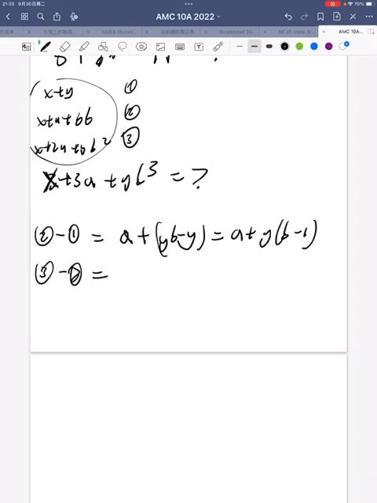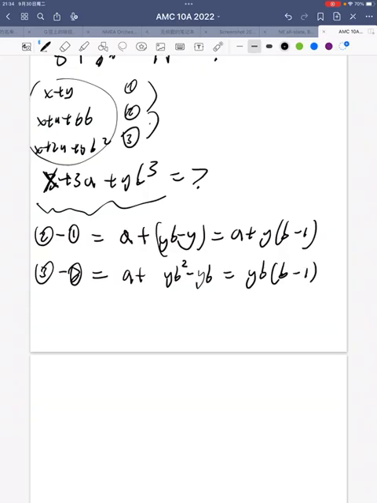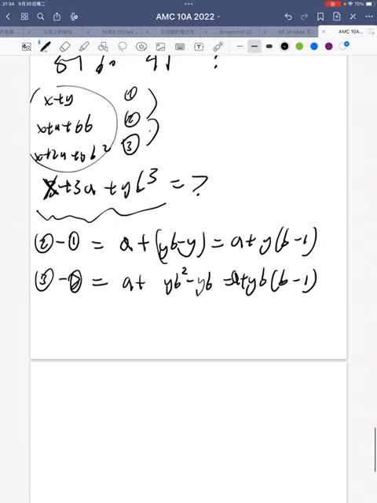In case you're wondering during the contest how I know which to subtract, it's really intuitive, because those two look kind of close, and you're just trying to mess around with it until you get something closer to this. So 3 minus 2, you get a plus yb squared minus yb, which gives you yb times b minus 1. And of course we forgot the a.